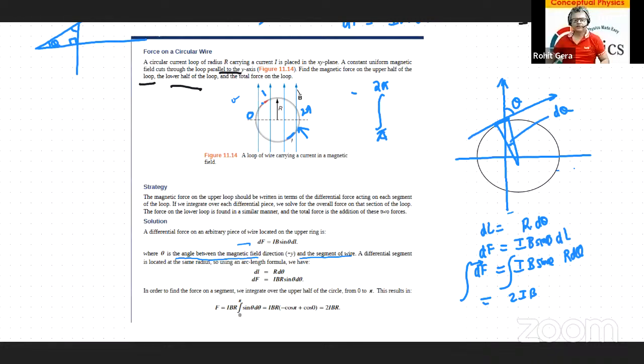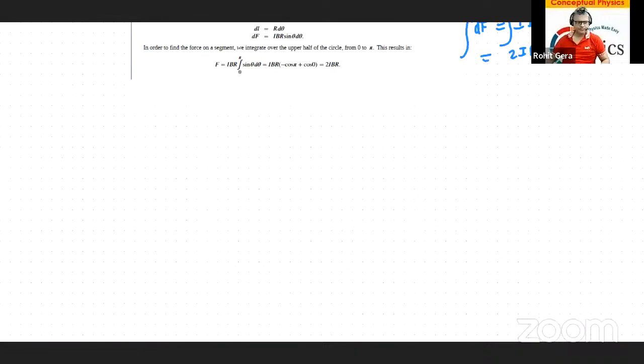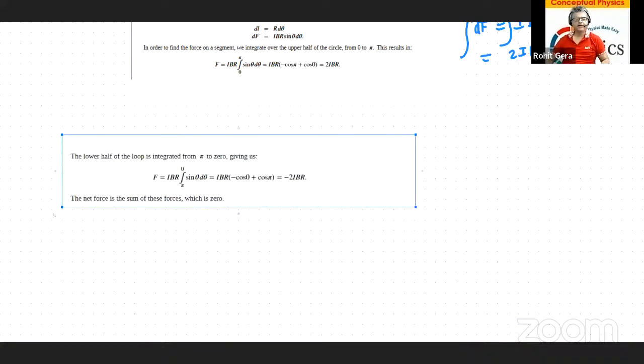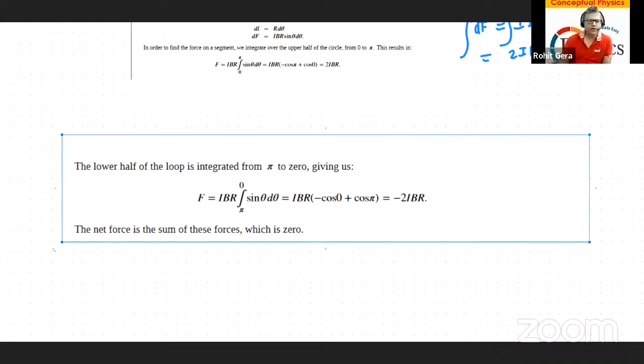If you do the integration of pi to 2 pi or pi to 0, you will get an answer.